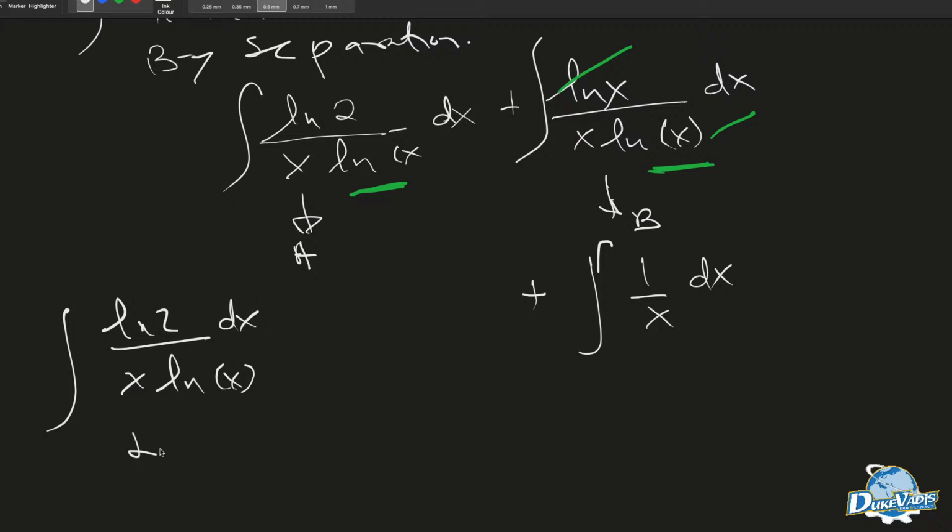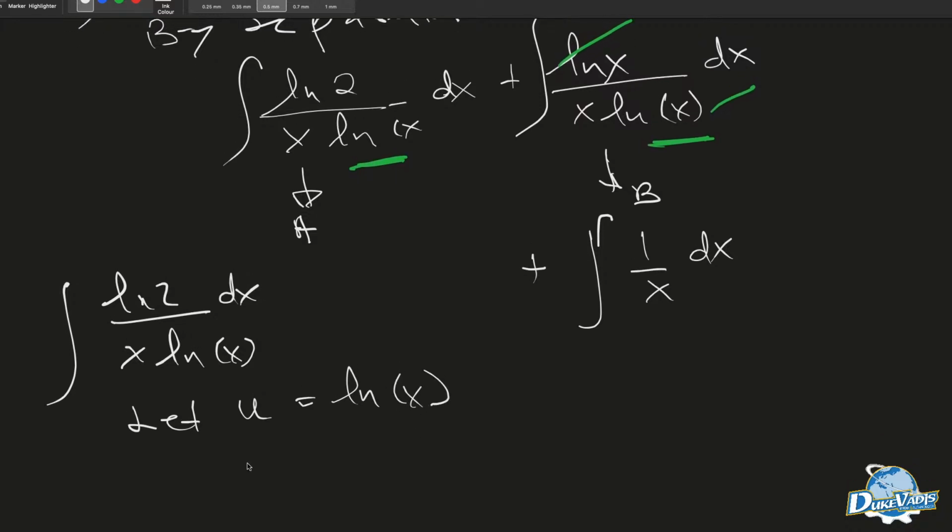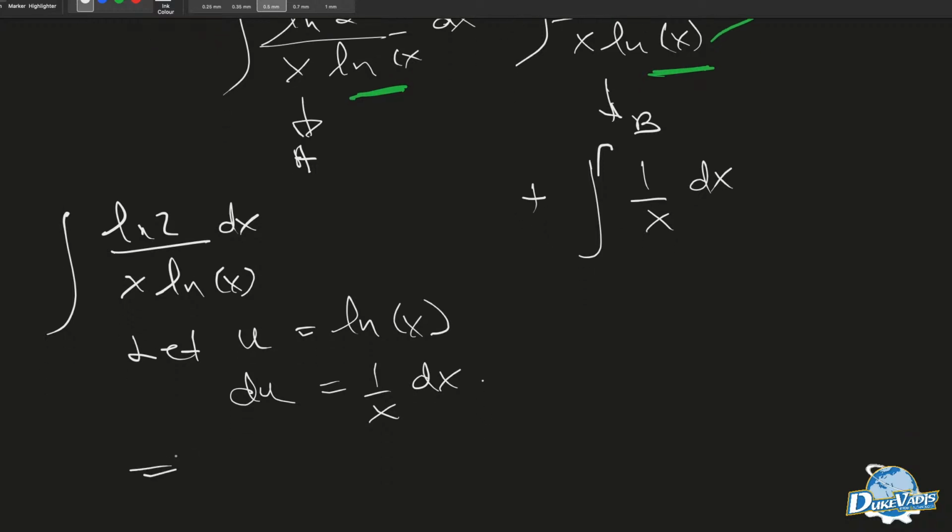Let's say u is equal to natural log of x. Then when we differentiate, we get du is equal to 1 over x dx. This implies our dx is equal to x du.